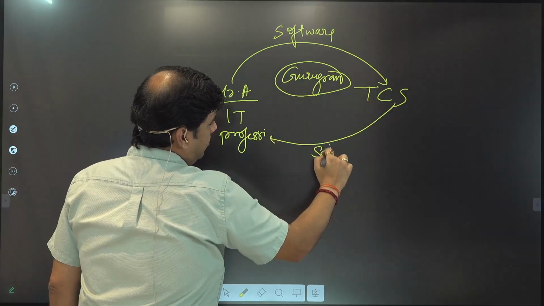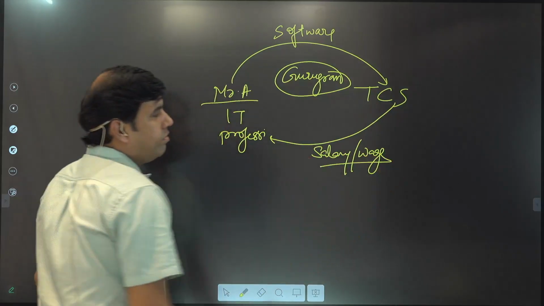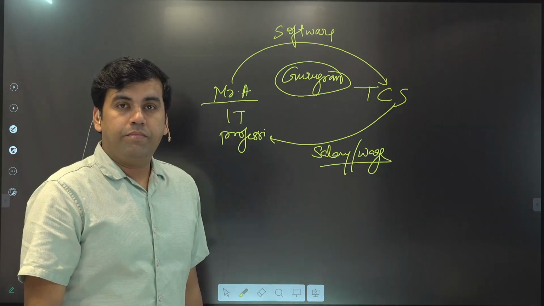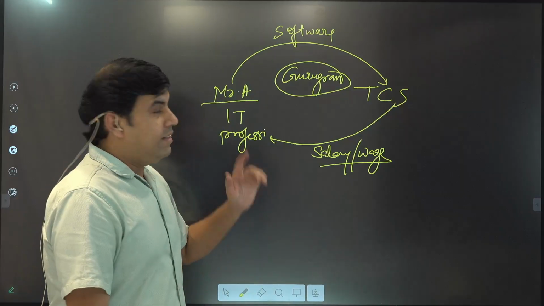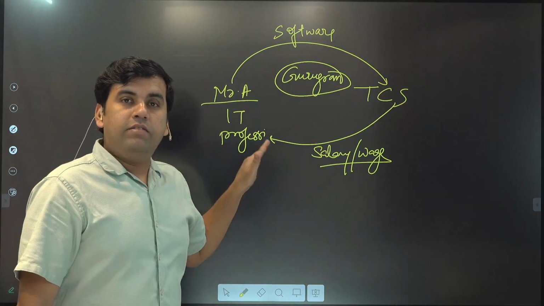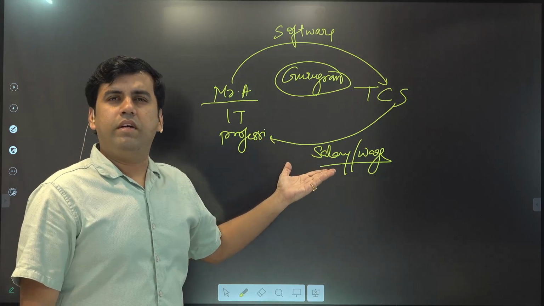Salary, wage, whatever. Isn't that a circular flow? Isn't that bilateral? In the previous case, it was unilateral. In this case, it is bilateral. Until he provides service, he will not receive salary. As simple as that.